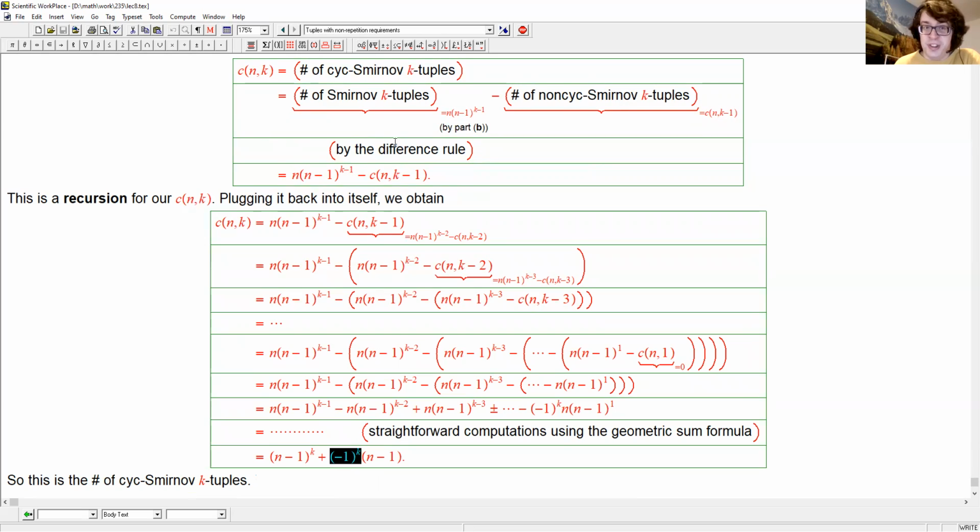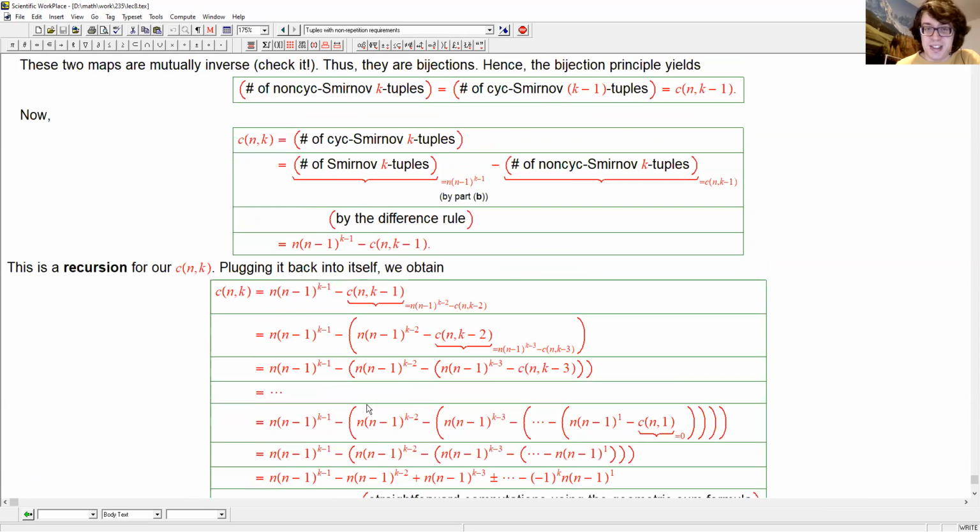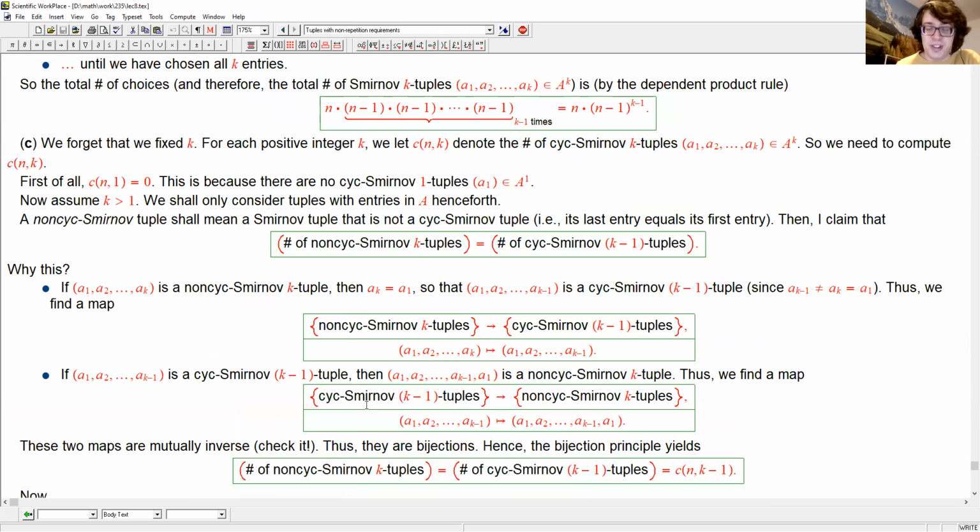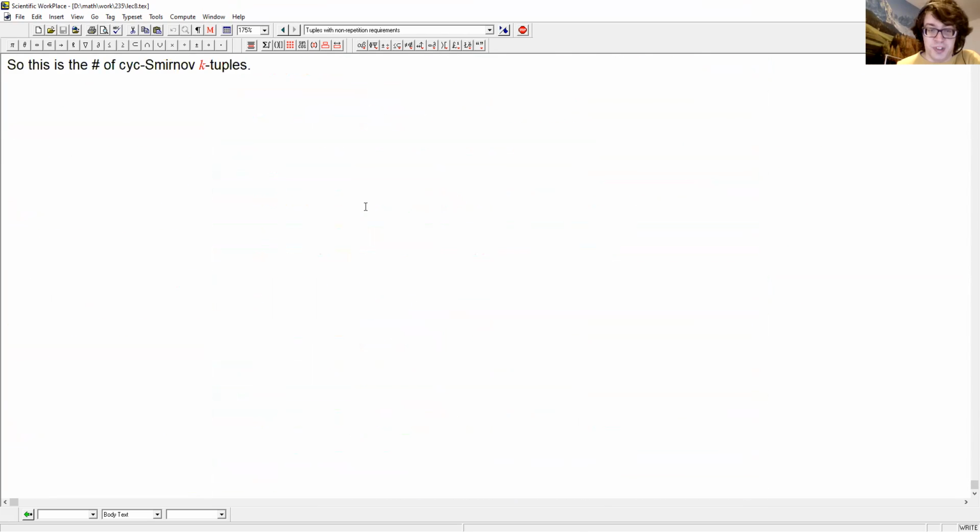You couldn't have avoided going recursively, because if you're just counting using things like the sum rule and the product rule, you would never get a minus 1 to the k. You would get things that are obviously positive. If you use the difference rule, you will get things that have either a plus or a minus, but a predictable one. Whereas this is a minus 1 to the k. Really, the only way to get it is indirectly, like here. So this is probably the simplest solution we have to this problem.